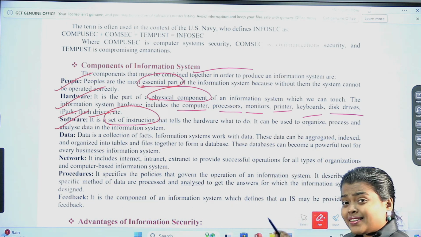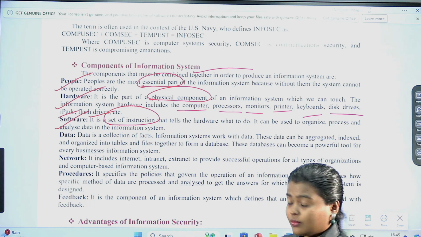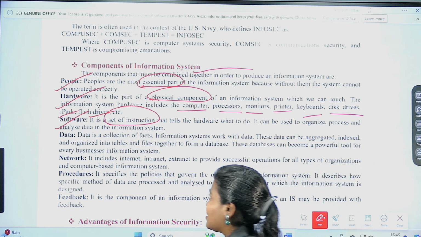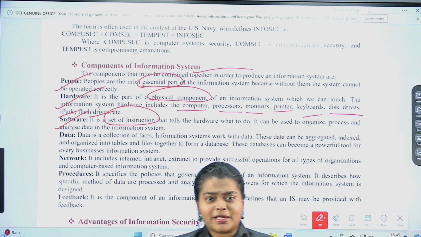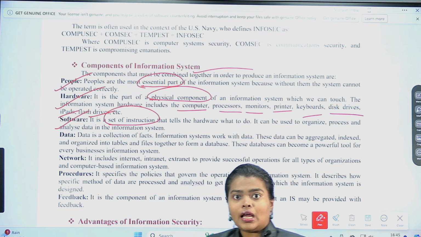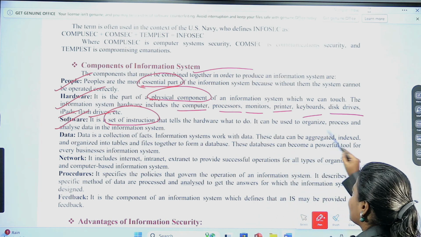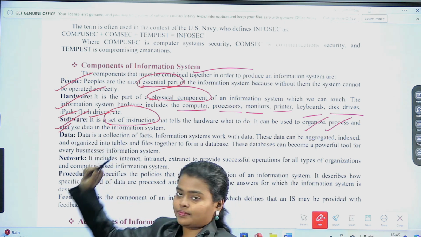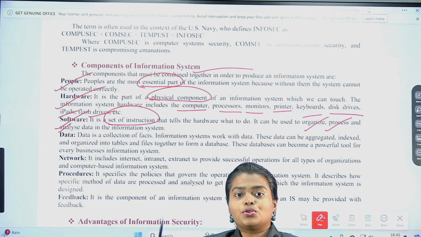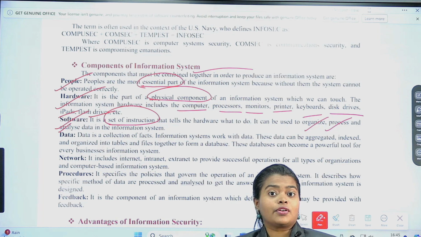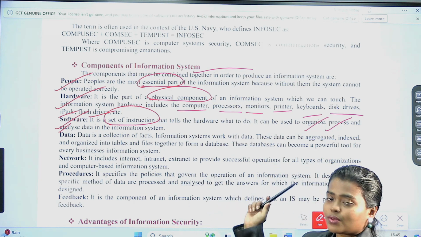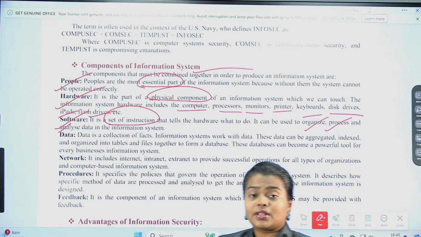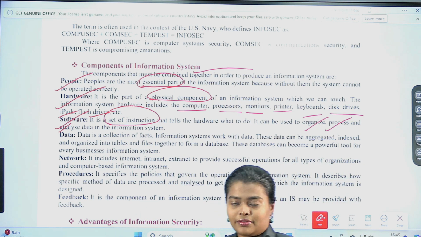It can be used to organize, process and analyze data in the information system. Here we are going to organize our data, then process our data, and lastly analyze our data, and we need software for that. With the help of it we can perform all these activities.